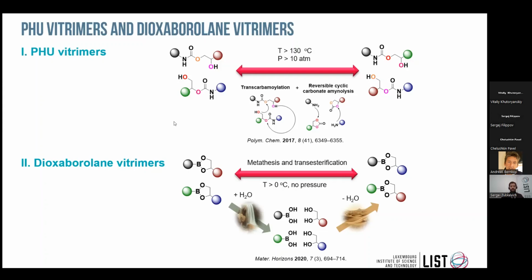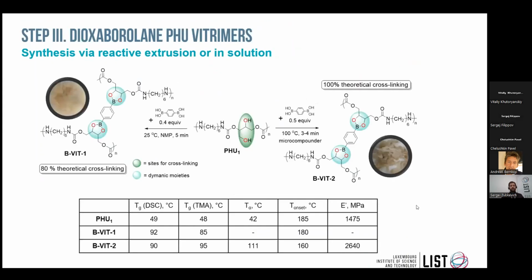The dynamic bonds are dissociated and then can be reassembled upon removal of this water. So they are moisture sensitive. That's the disadvantage. But we have an ideal platform for making vitrimers using this dioxaborolane chemistry because we have these adjacent hydroxyl groups in the polymer backbone.